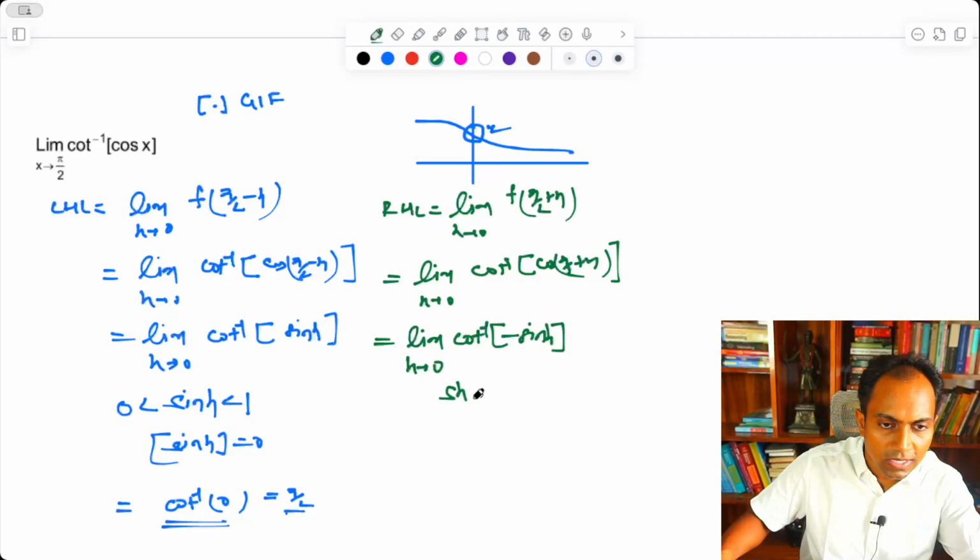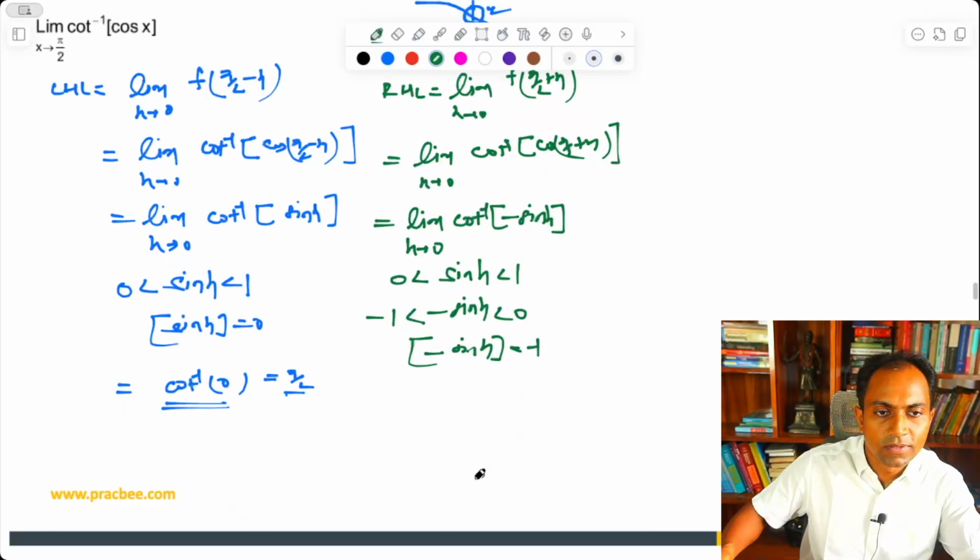See, your sin h was between 0 and 1. So minus sin h would be between minus 1 and 0. So the greatest integer function of minus sin h will come out to be minus 1.